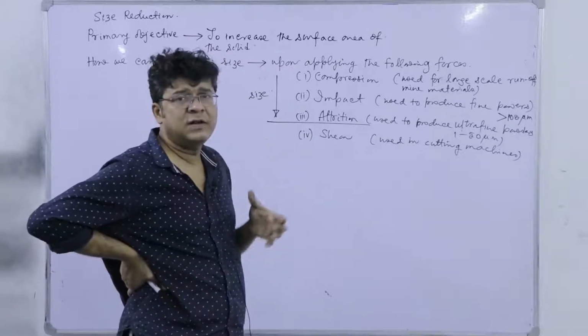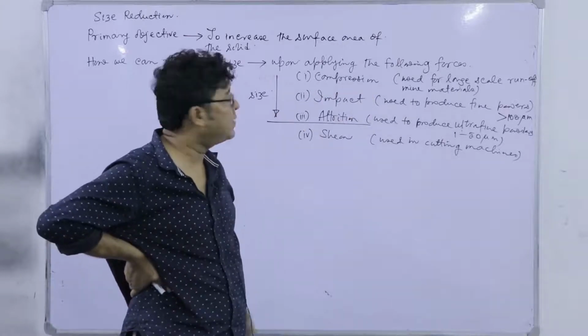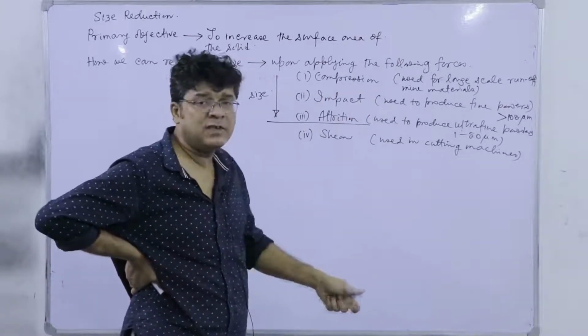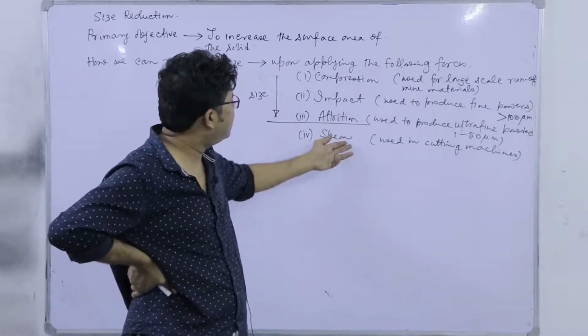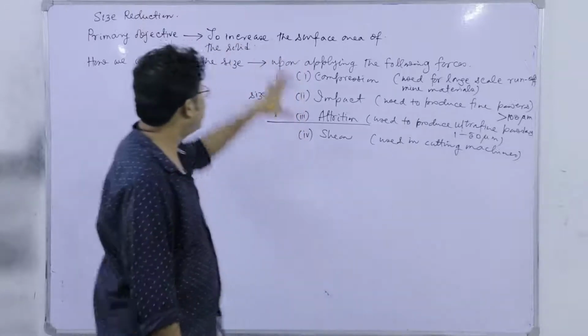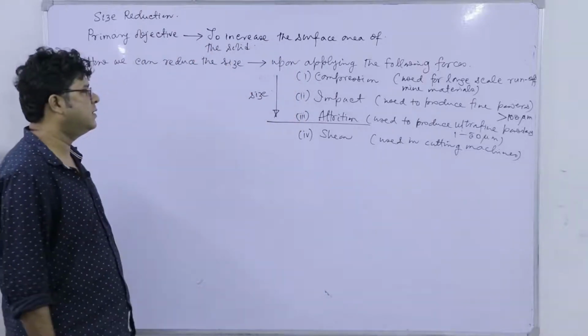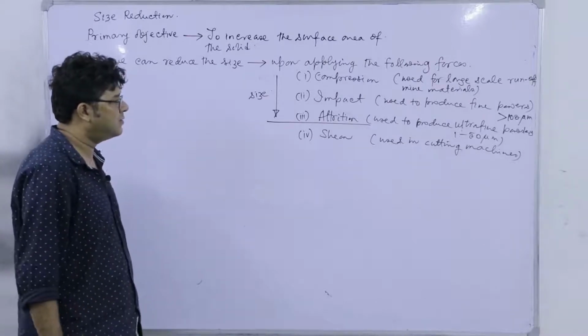The typical household nutcracker is an example of compression. With a hammer we use impact, with a file we use attrition, and with a pair of scissors we use shear. So that's the idea: the major fundamental forces and the baseline idea behind these size reduction devices.